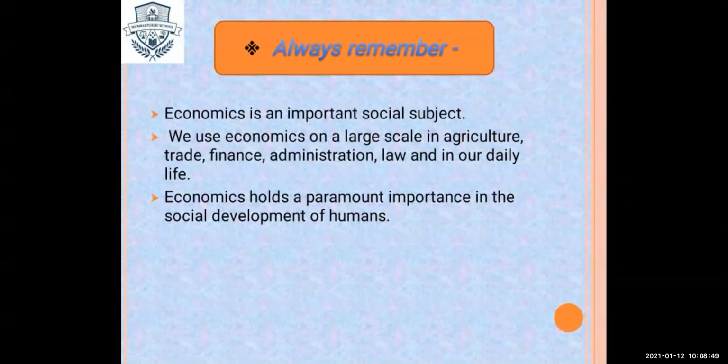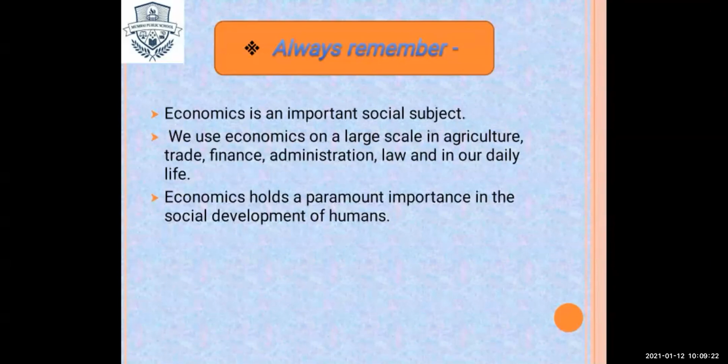So in these three points, what have they explained about economics? Let's take an example. If we want to develop a country, the country's economy should be proper. If we want to develop our country, we have to deal with lots of money. We have to see our economy, and we should properly manage the resources which are available in our country.